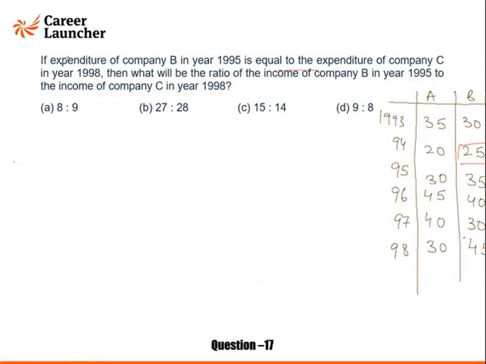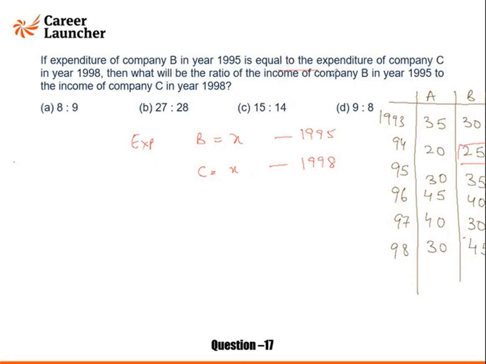Question 17 says, if the expenditure of company B in the year 1995, let's say that is X, is equal to the expenditure of company C in 1998. So C's expenditure in 1998 was also the same.